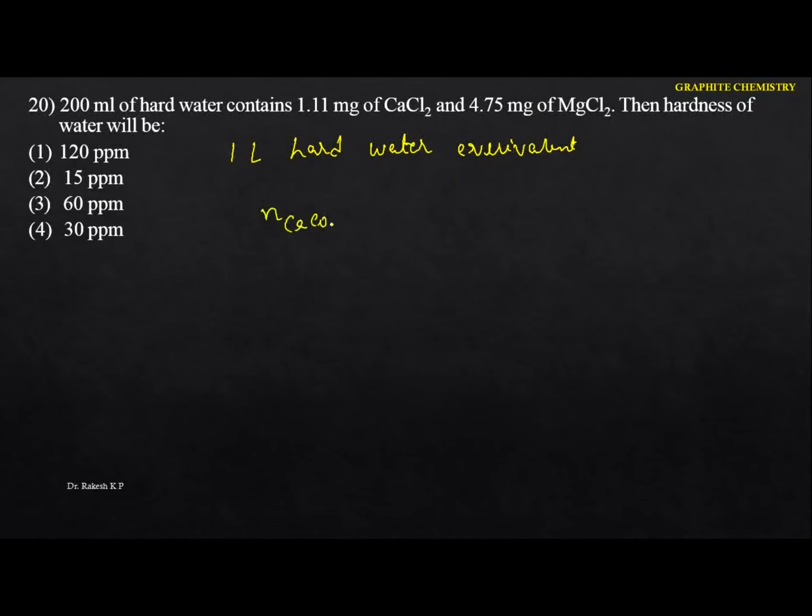The number of moles of calcium carbonate is equal to, now we have to calculate the number of moles here: 1.11 divided by 111, which is the molar mass of calcium chloride.